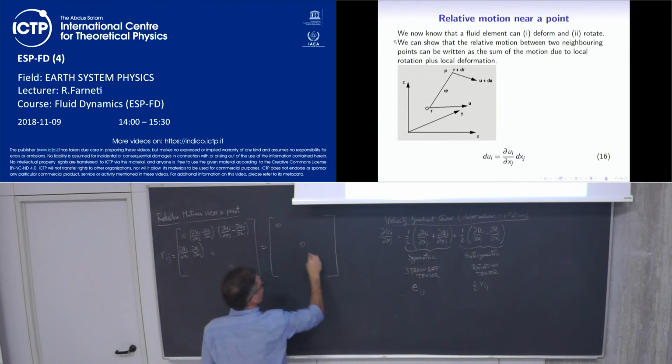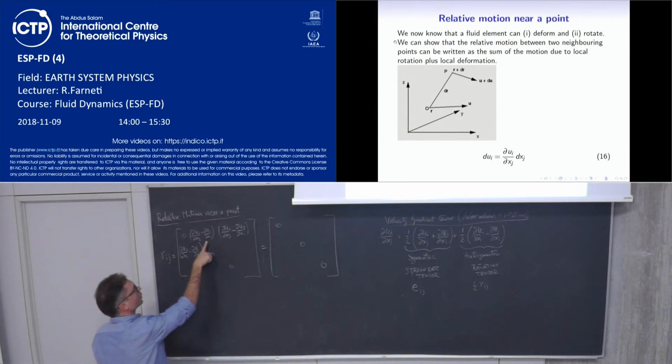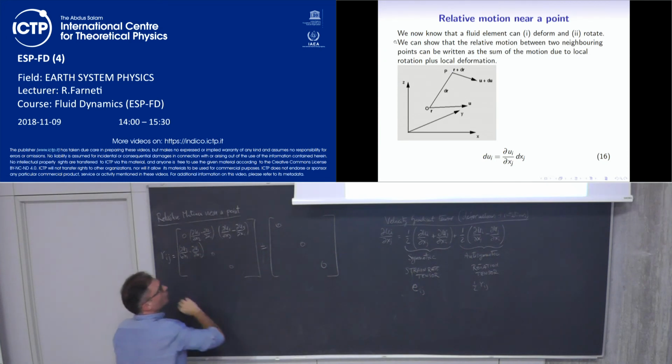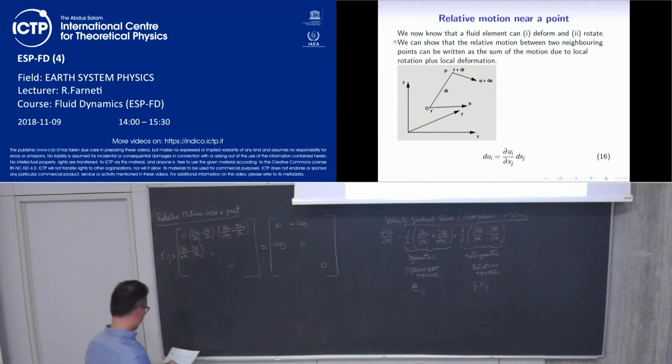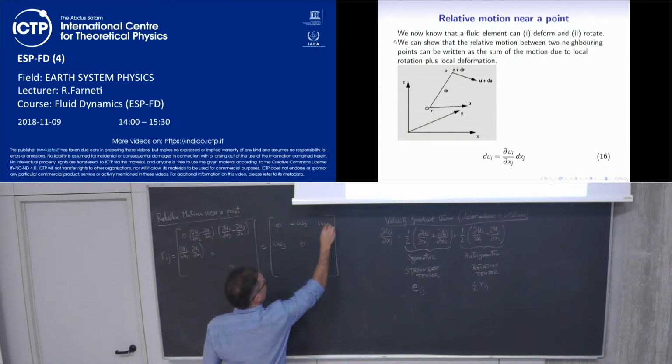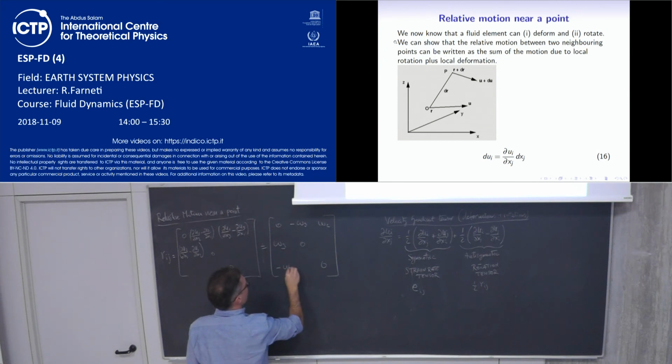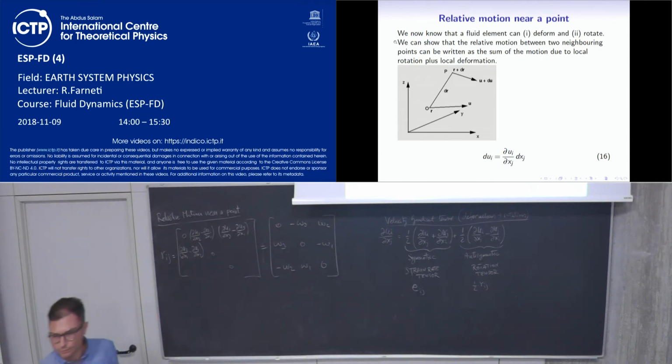You have 0, 0, 0. This is actually the third component, minus omega 3, and this is omega 3. This one is omega 2, and this is minus omega 2, and this one is minus omega 1, and this is omega 1.